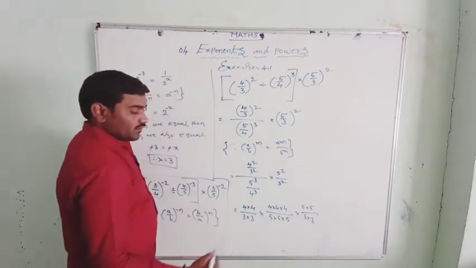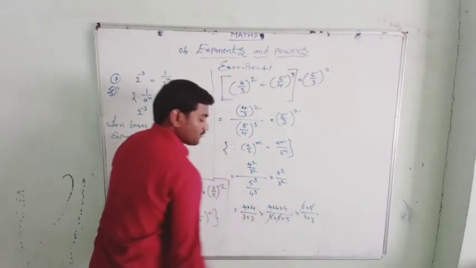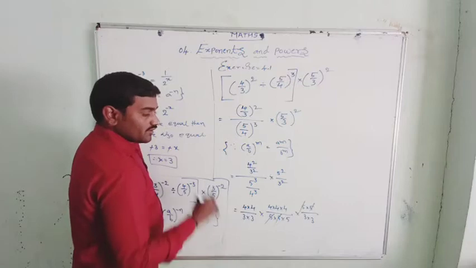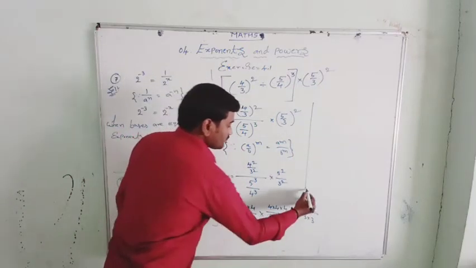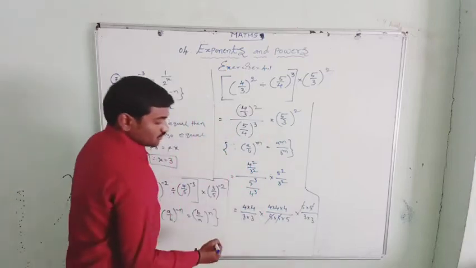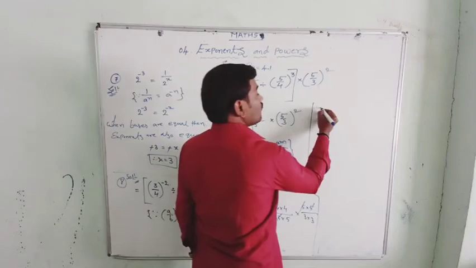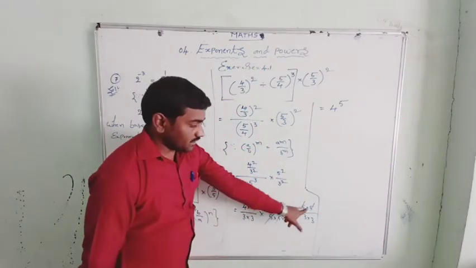So we cancel what is possible here. Here 1, 2, 1, 2 get cancelled and the remaining all will be the same, so we multiply the remaining. Here 1, 2, 3, 4, 5: there are five 4s, so 4 to the power of 5. Again, anything left? Nothing.